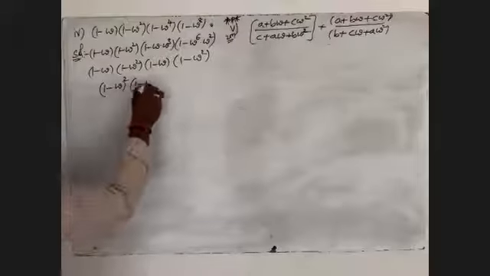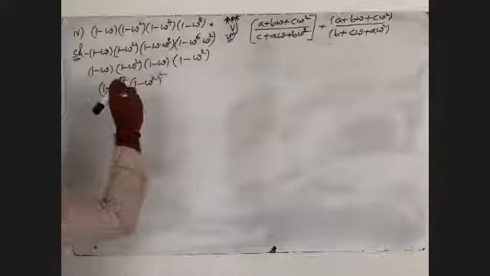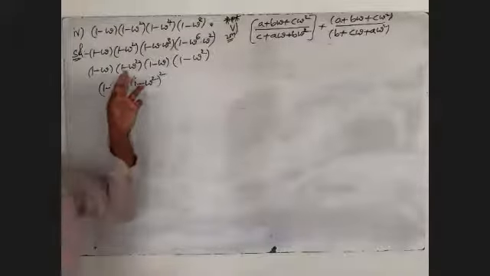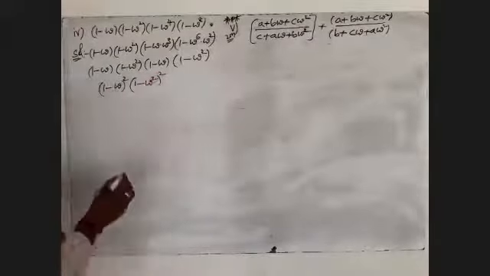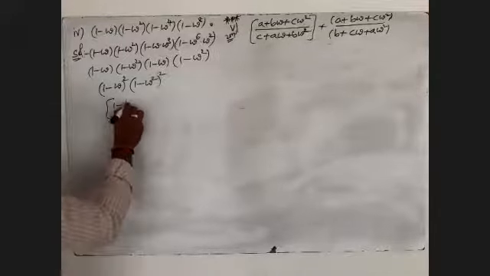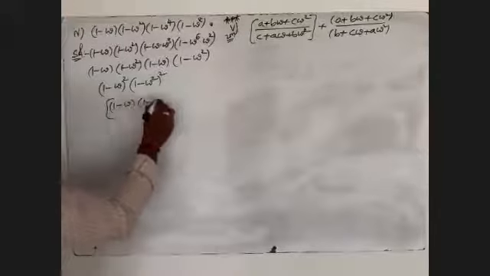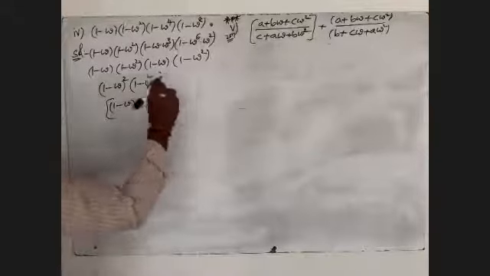Into 1 minus omega square is there here also, so 1 minus omega square whole square. This power is also square, so remaining we have to write 1 minus omega into 1 minus omega square, whole square.